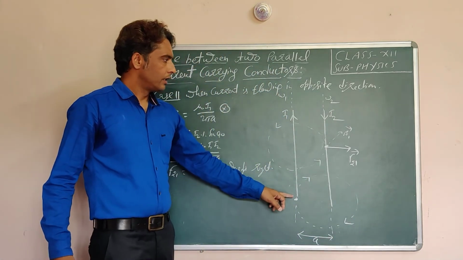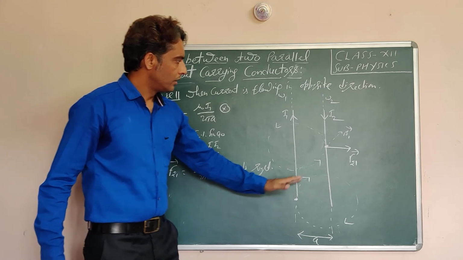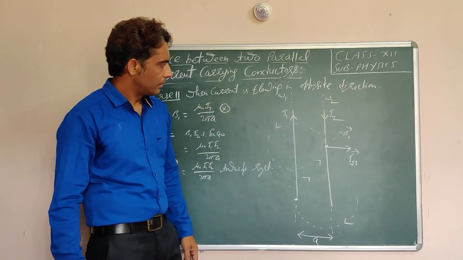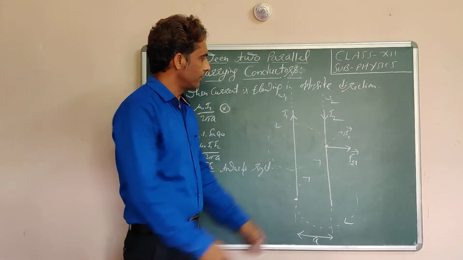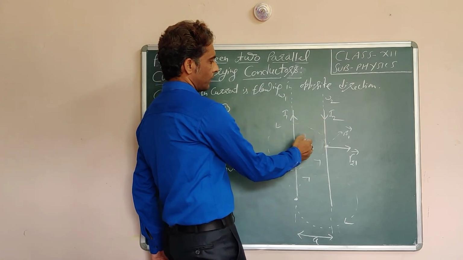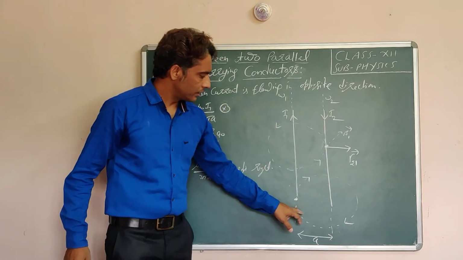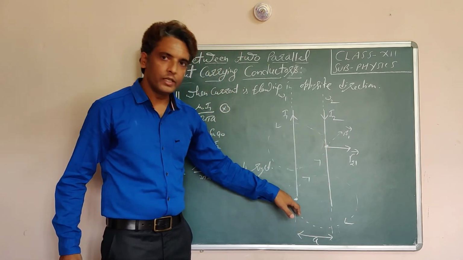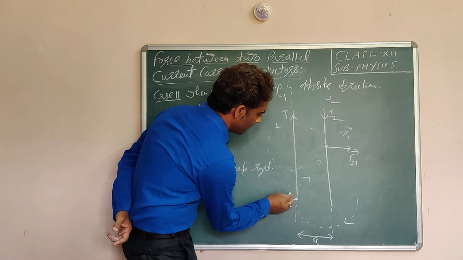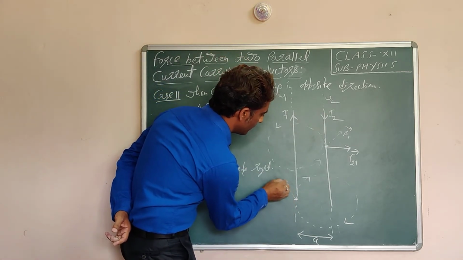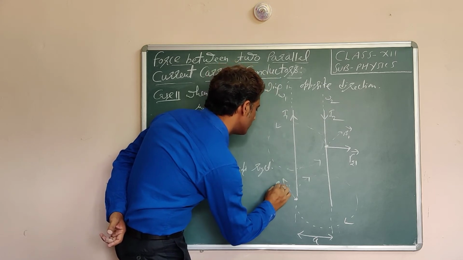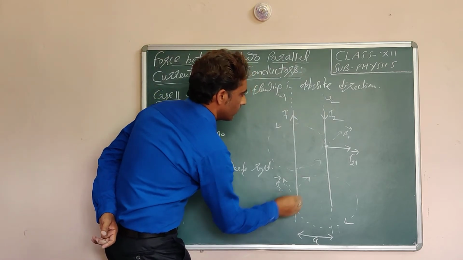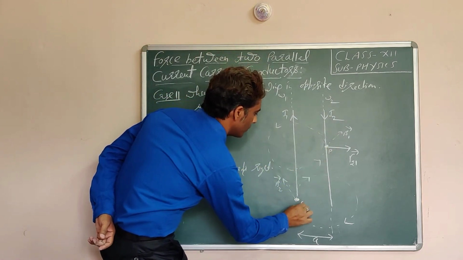Now you can see the direction of magnetic field due to this conductor: in previous case when current is in the upper direction, the direction of magnetic field was outward. In this case, when current is in the downward direction, the direction of magnetic field will be inward. Let this field be B2. Let this point be P. Let this point be Q.